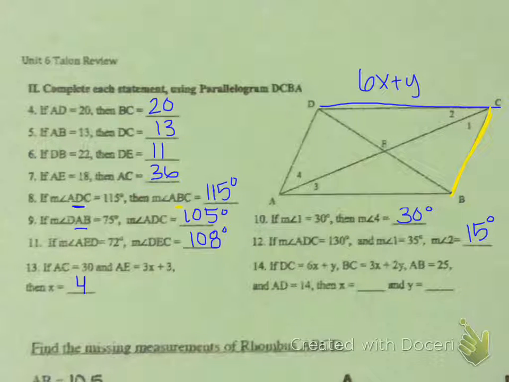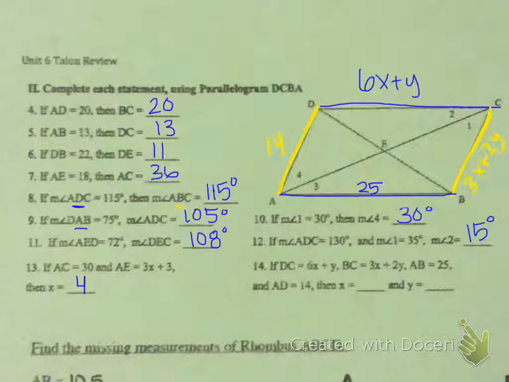It's over here. AB equals 25. Well, AB is over here. That's 25, that side. And AD equals 14. That's over here. It wants us to find x and find y.